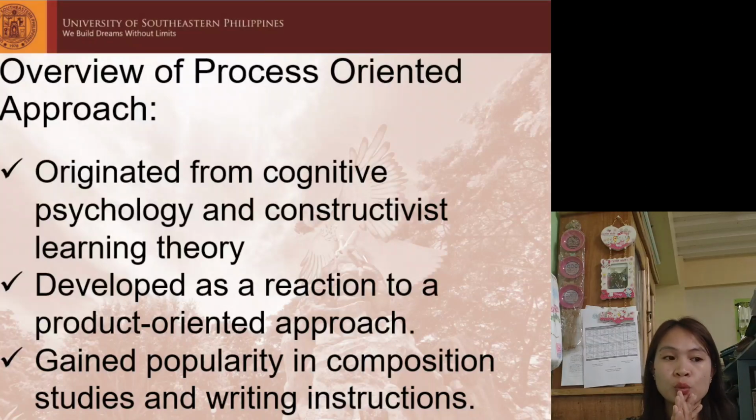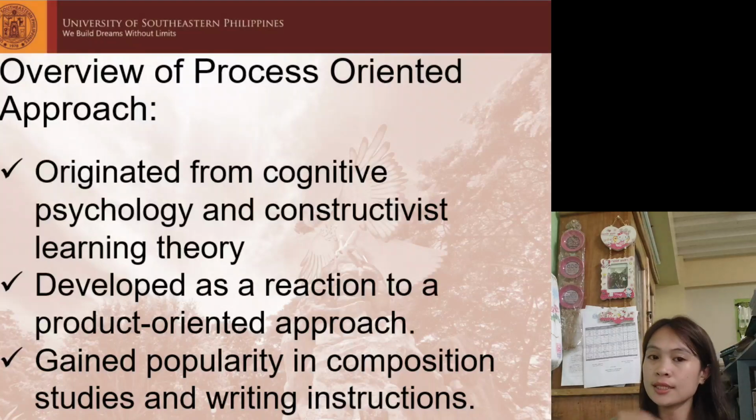And this approach was emphasized by scholars such as Donald Murray and Janet Emig, who argue that writing and language learning are both a recurring process which involves planning, drafting, revising, and reflecting. This approach gained popularity in composition studies and writing instruction, and later influenced broader language teaching practices.